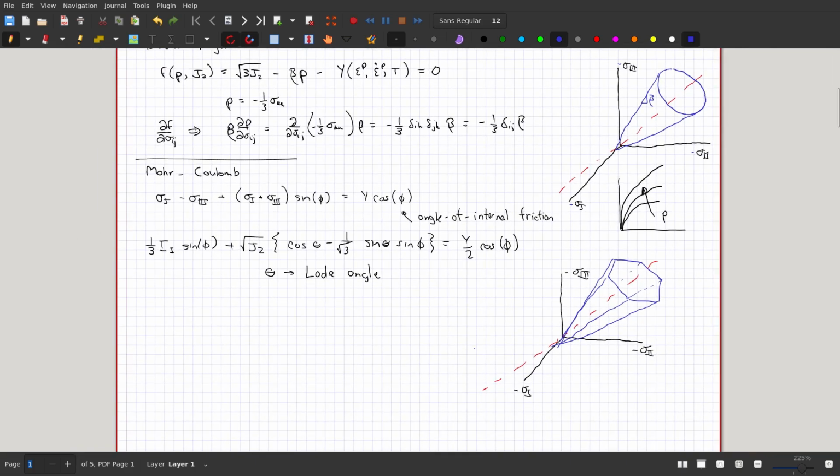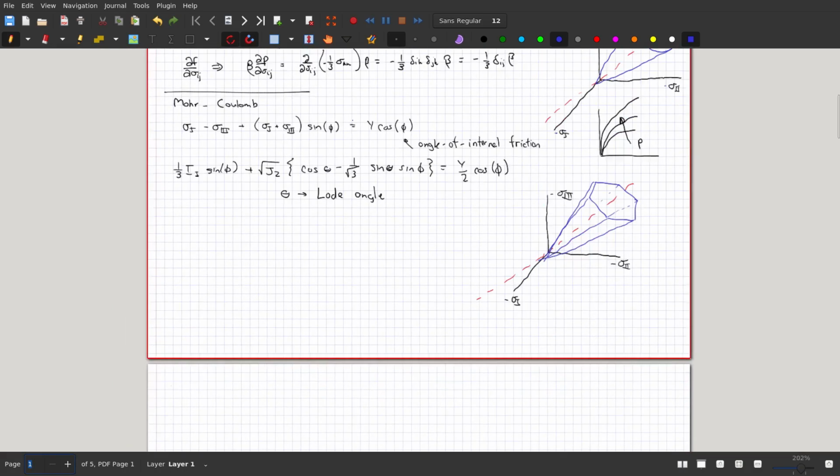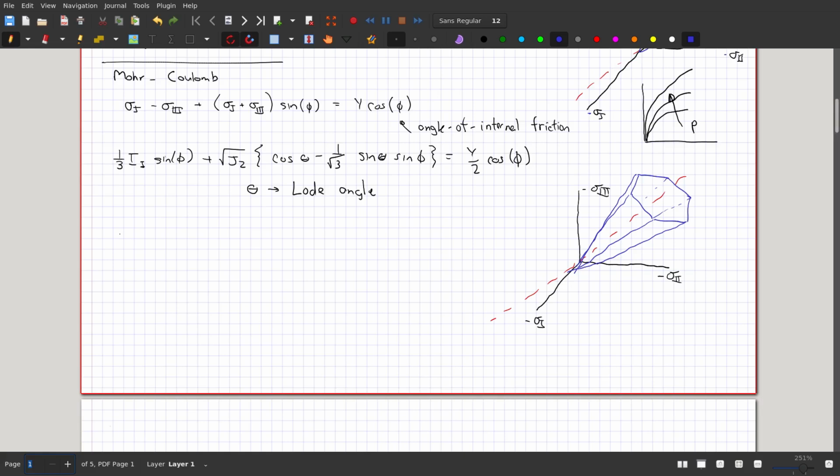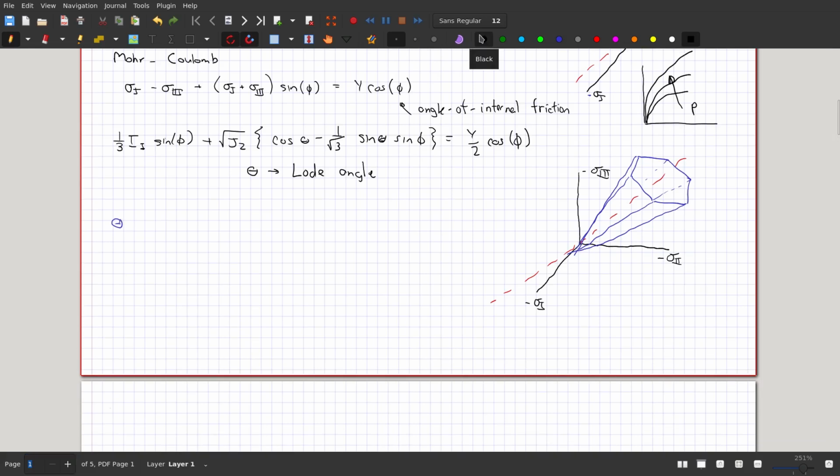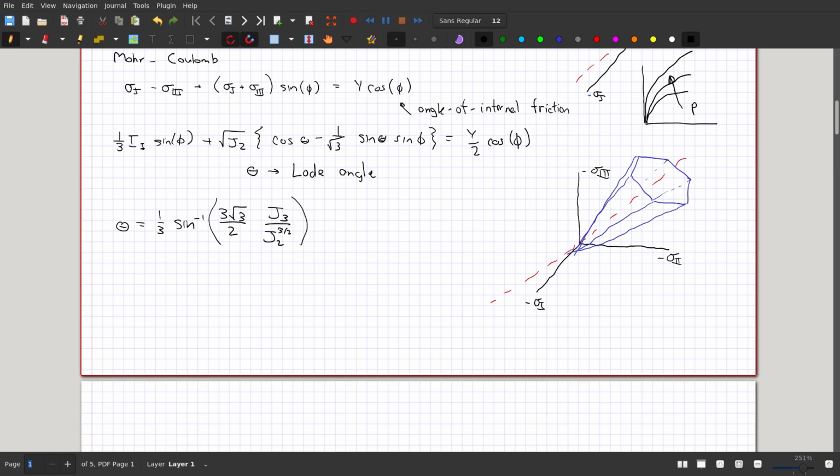So the load angle is, you see, the load angle is also dependent on J3, which again, J3 can be used to delineate tension or compression.